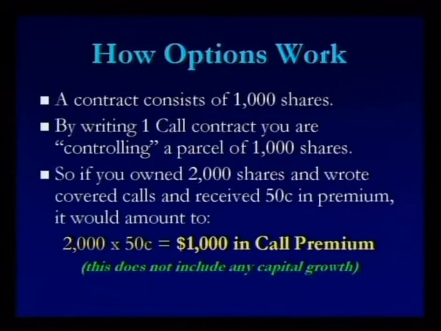And so if we were making 50 cents each, you would simply take the 2 call option contracts, each relating to 1,000 shares. So that's 1,000 times 50 cents, sorry, in this case it's 2 contracts, so it's 2,000 times 50 cents, which equals $1,000 in call premium.